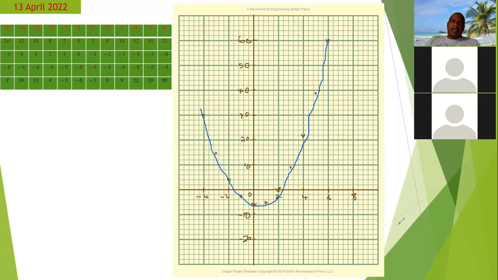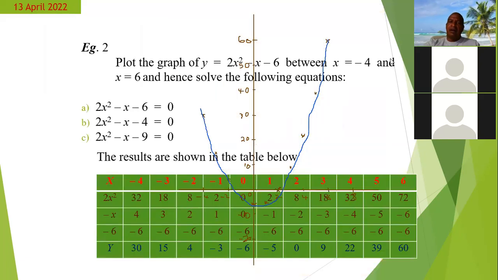Now, the thing is, we now have to remember the equation that we are trying to solve. So let me go back to the equation, all right? So here are the equations. So one is 2x squared minus x minus 6 equals 0.